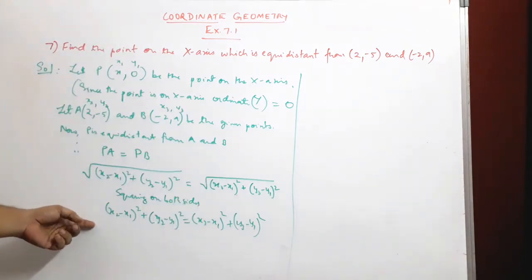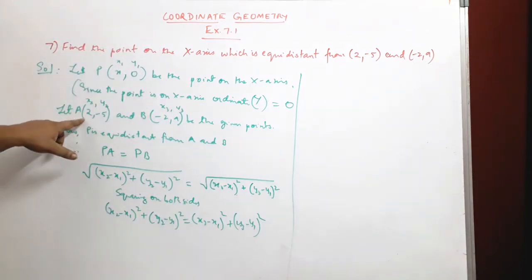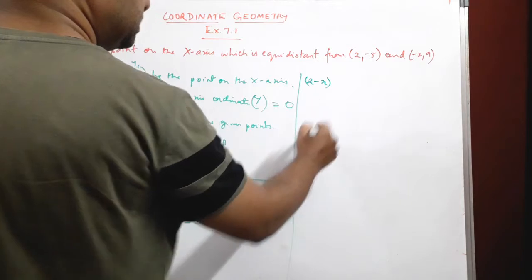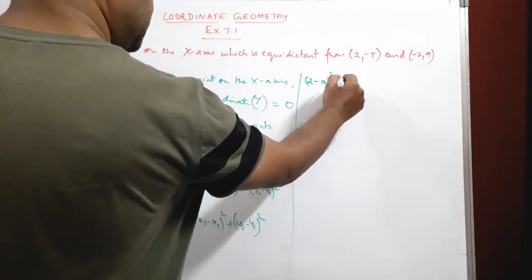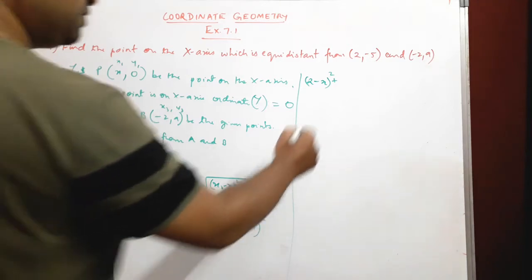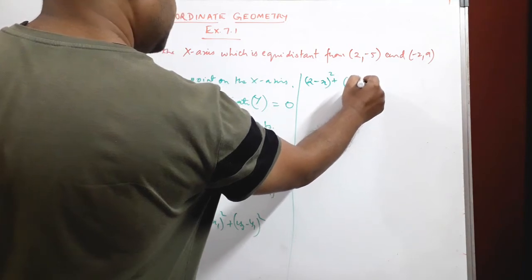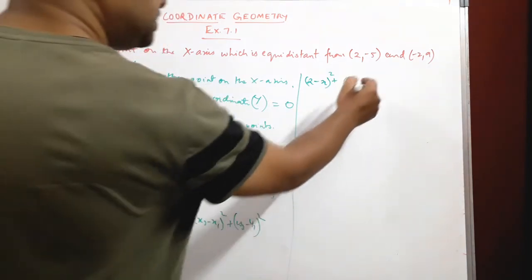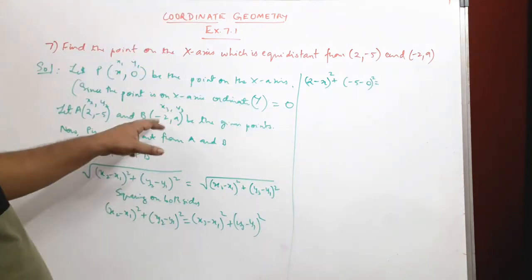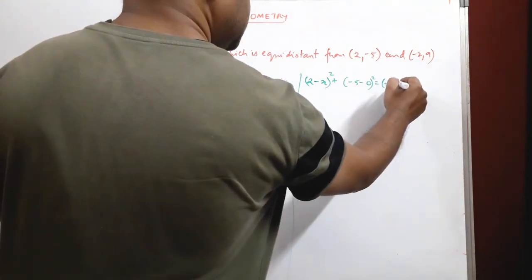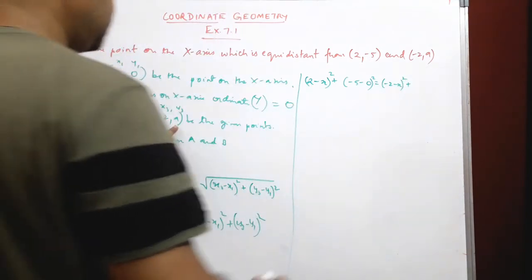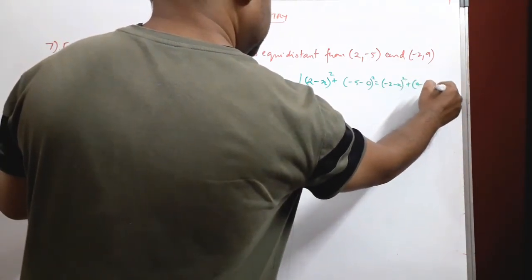So we'll substitute what is x2 and x1. x2 is 2, so 2 minus x whole square plus y2 is minus 5, so minus 5 minus y1, which is 0, whole square, equal to x3, which is minus 2, minus x whole square plus y3, which is 9, minus 0 whole square.